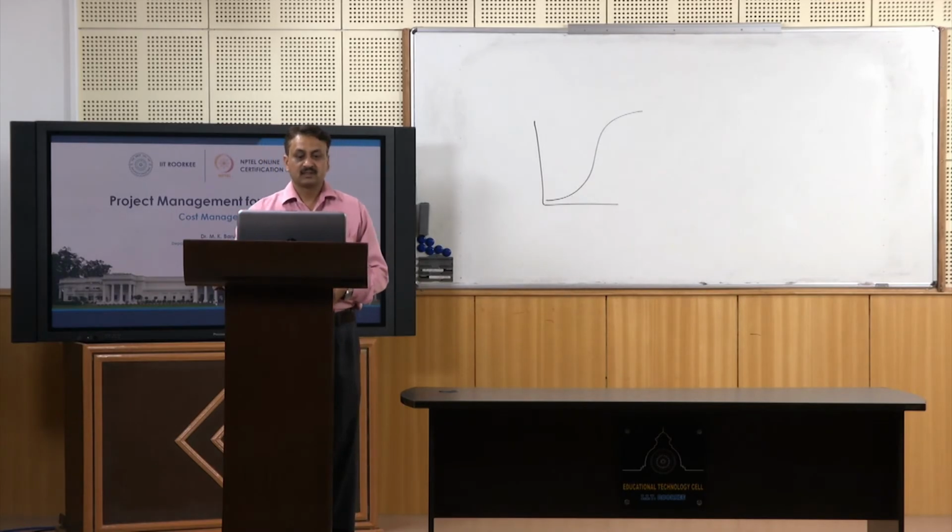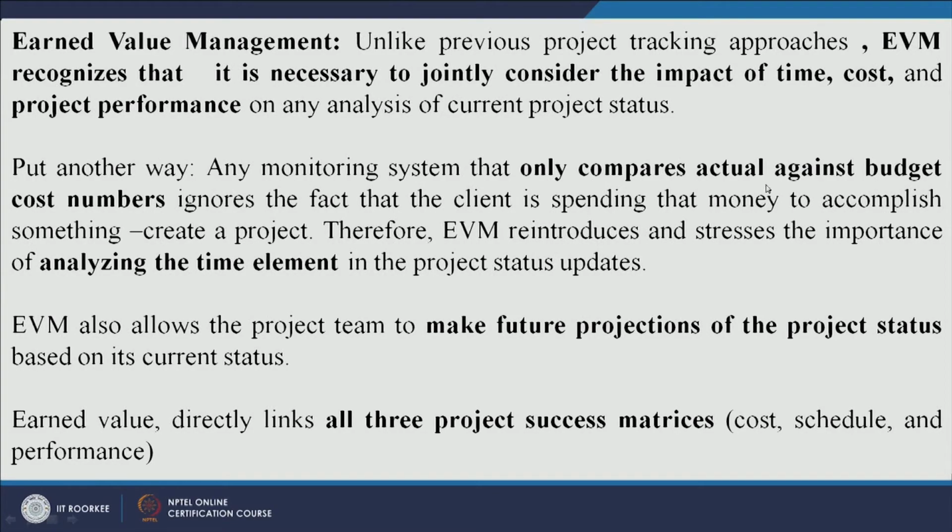Any monitoring system that only compares actual against budgeted cost ignores the fact that the client is spending that money to accomplish something tangible, or let us call that a project. Therefore, earned value management reintroduces and stresses the importance of analyzing the time element in project status updates.